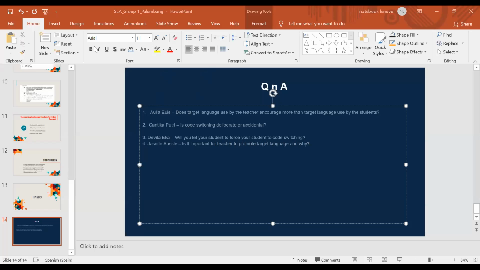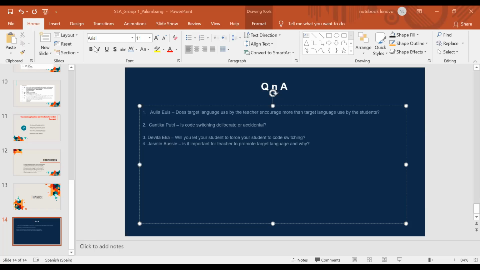Actually, many language teachers, especially those who are just beginning their career, express anxiety about promoting the target language in the classroom. So it is important. Why? The first is that the use of the target language in the classroom greatly increases the students' exposure to the target language.